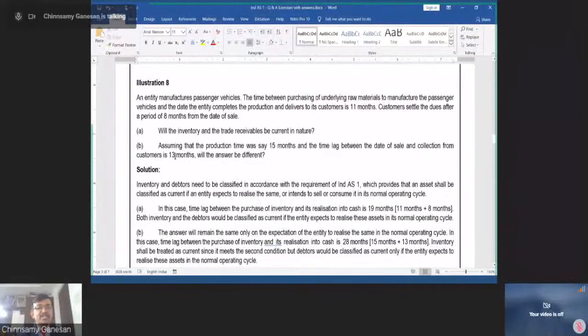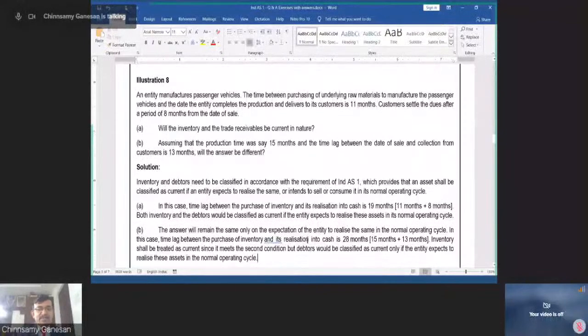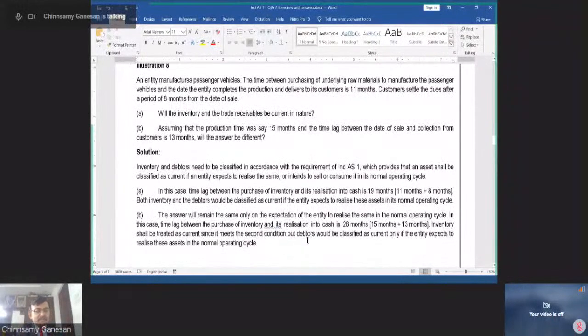The second question is, assuming that the production time was say 15 months and the time lag between sale and collection period of customers is 13 months, will the answer be different? 15 plus 13 becomes 28 months, right? Even if it is 28 months, you can still apply the same principle for your inventory, whether it will be realized within the operating cycle of 28 months.